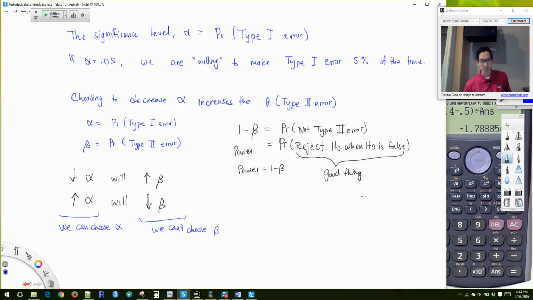So further extending this, increasing beta will decrease power, and decreasing beta will increase power.